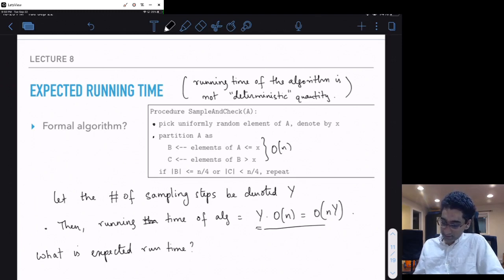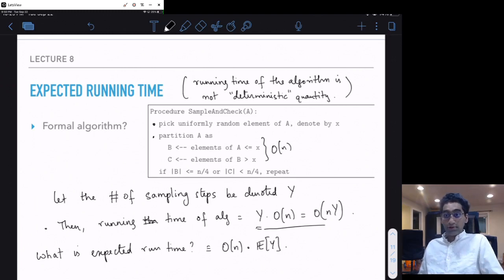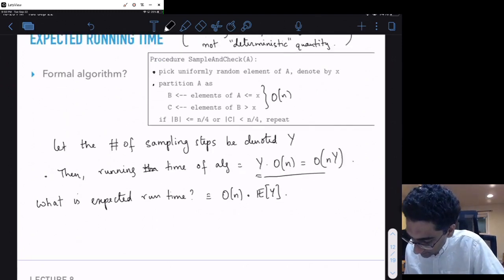So this is O of n times the expected value of Y. Now, how do you find the expected value of Y? This is exactly the expected number of times you've got to toss a coin so that it comes up heads.